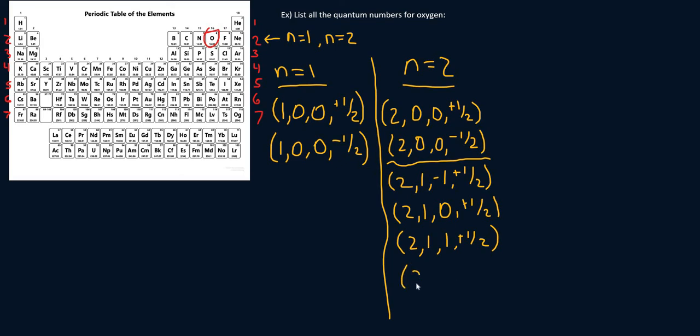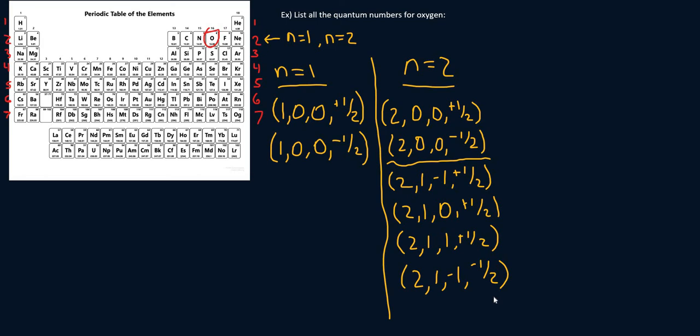So we'll do 2, 1, going back to negative 1, so we're circling back, negative 1/2. So we filled up all of the positive 1/2s. Now we can go through and do the negative 1/2s.